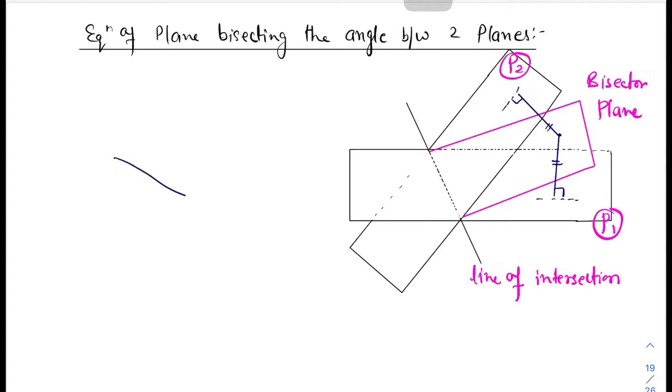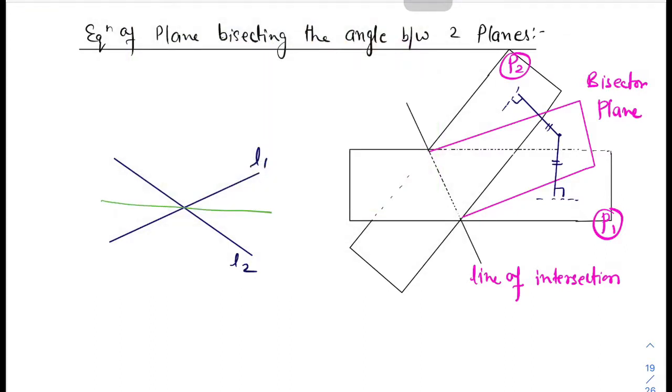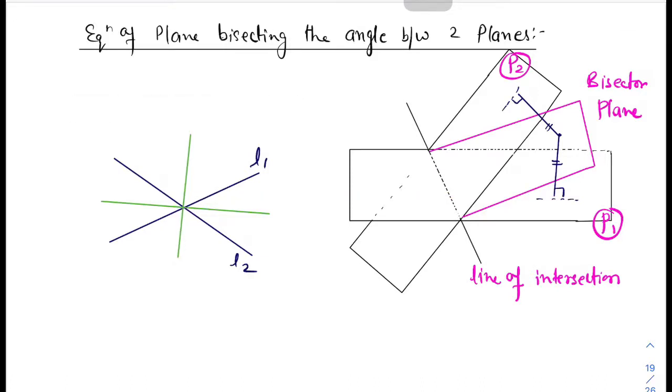You can draw some analogy from straight lines, class 11 2D. If this is line 1, this is line 2, there will be two bisector lines, one bisecting the acute angle, the other bisecting the obtuse angle, obviously. So if this angle is theta, this will also be theta.